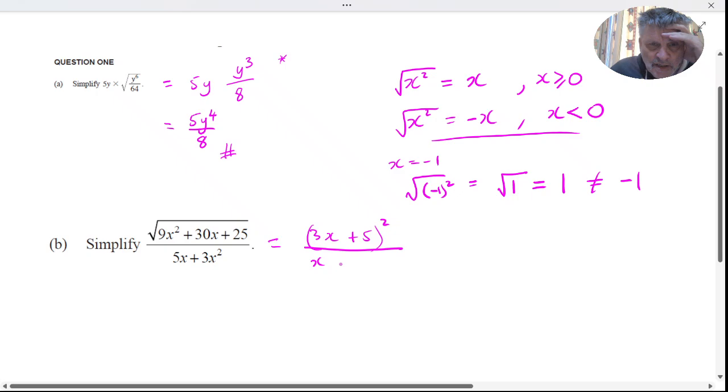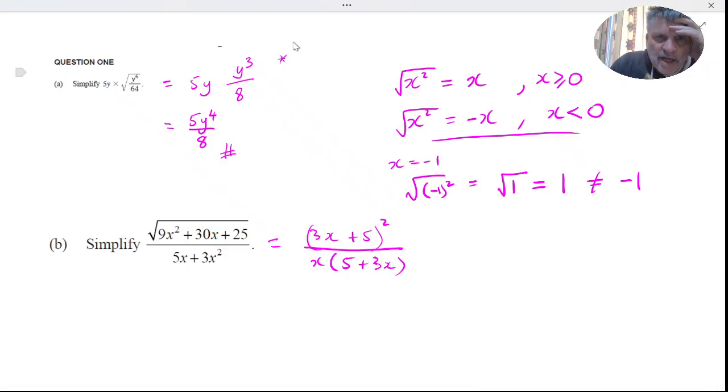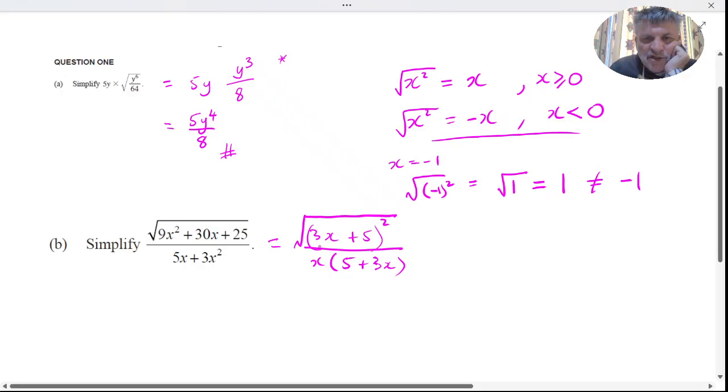It's got a factor of x, and then we'll have 5 plus 3x, which is the same as 3x plus 5. And then in the solutions from here, there's a square root sign around here. On the top line, they wrote 3x plus 5 over x times 5 plus 3x, cancelled these and got 1 over x.